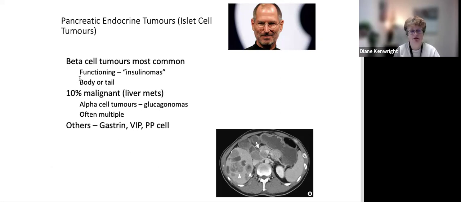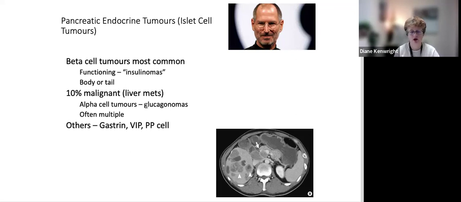So the most common of these is the insulinoma that produces insulin and comes from the beta cells in the islets. About 10% of these will metastasize to the liver, and the rest of them will just sit around causing trouble producing insulin. And just about every kind of cell can produce its own tumor.